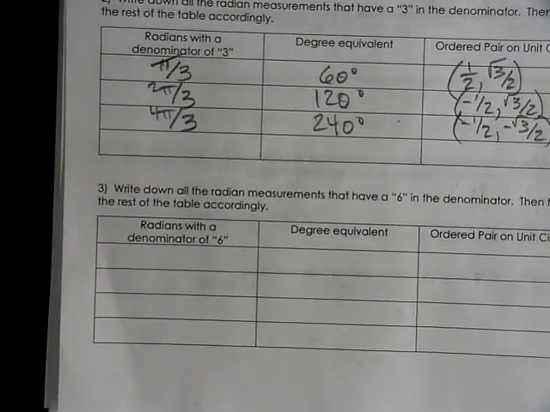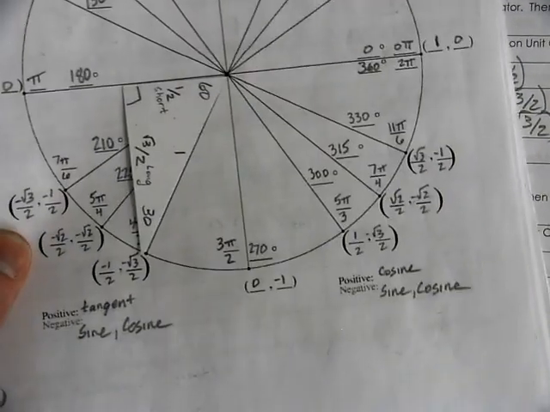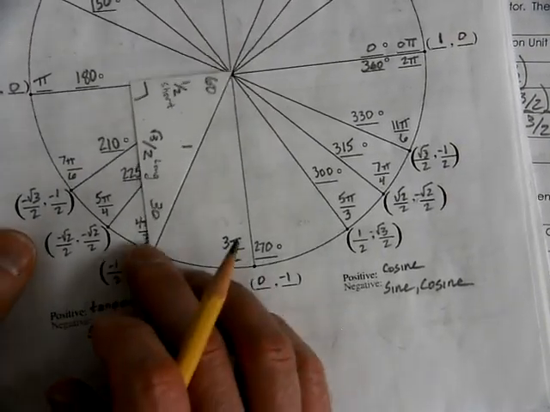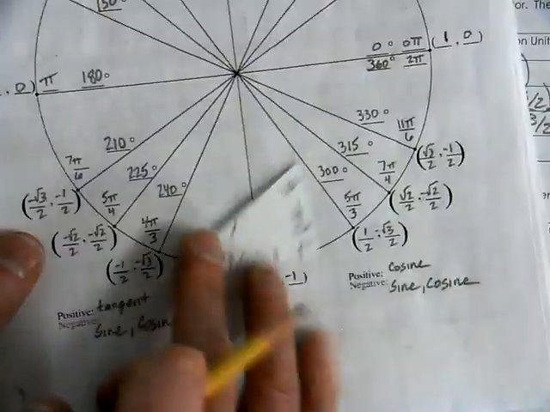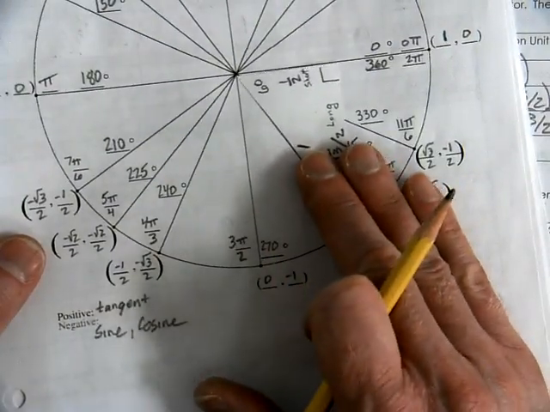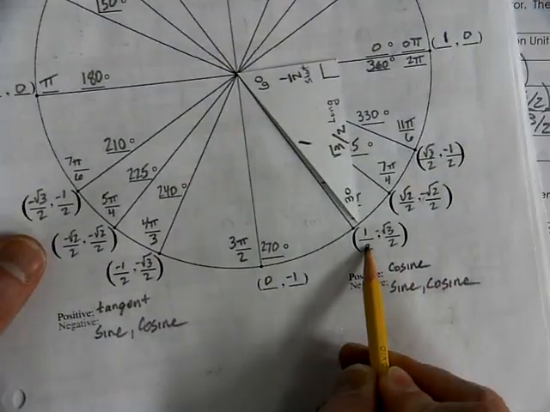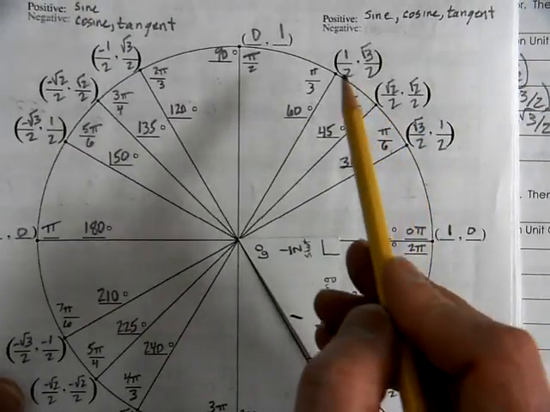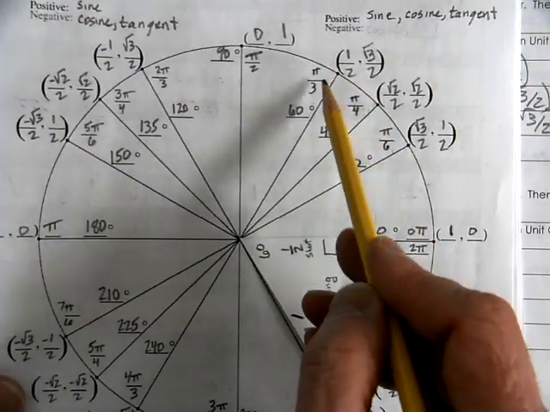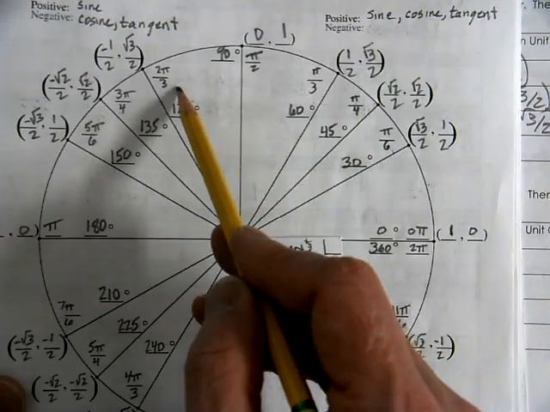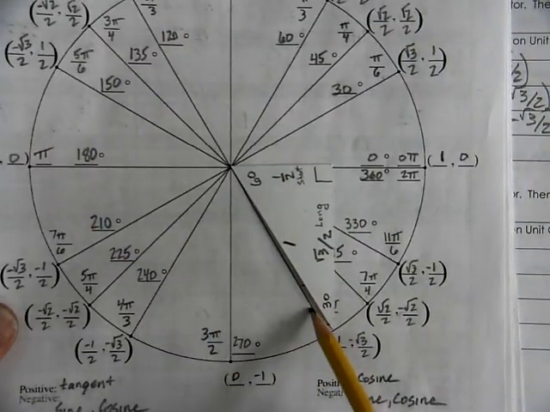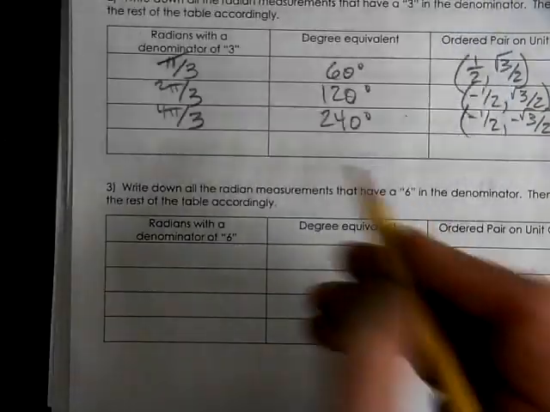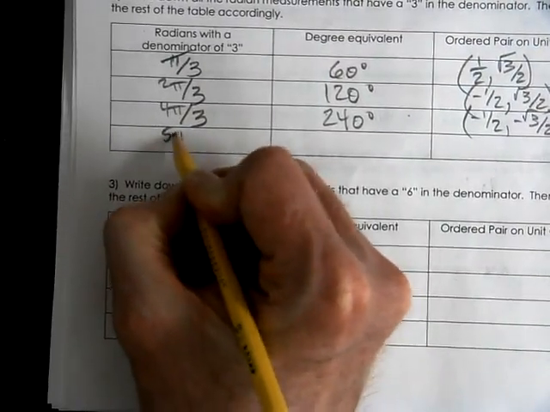And then we have our last one. We have another 60 degrees. That brings us over here. So we have pi over 3, 2 pi over 3, 3 pi over 3, 4 pi over 3, and 5 pi over 3. Count your way around it.